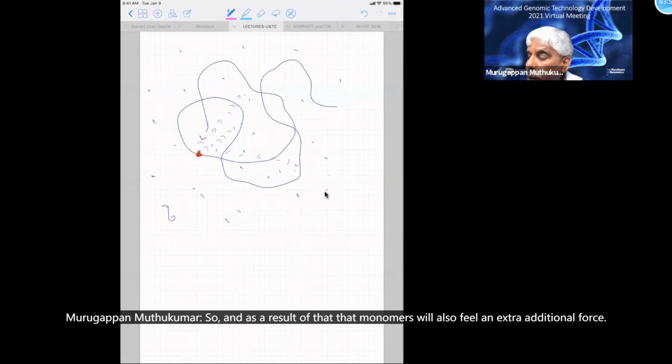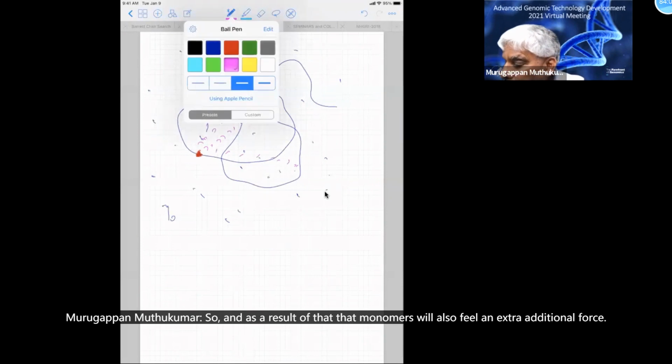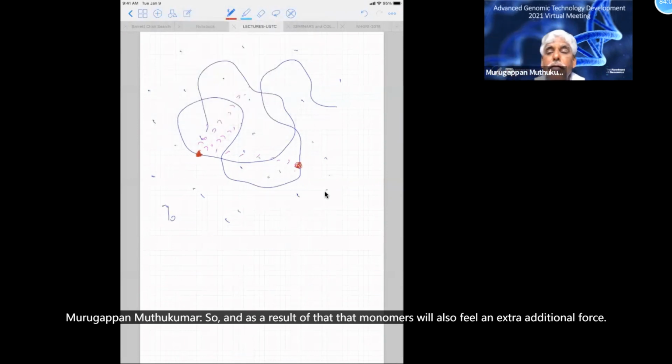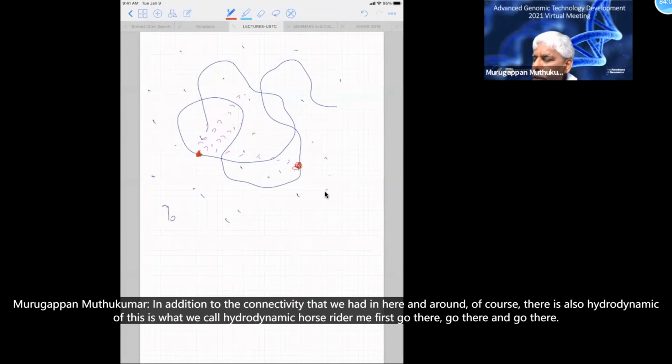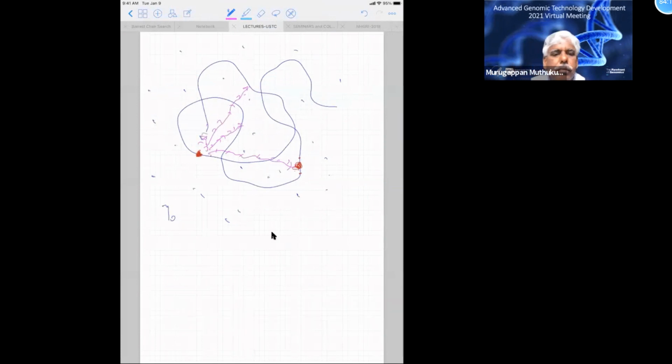As a result, that monomer will also feel an extra additional force, in addition to the connectivity and a random force. This is what we call hydrodynamic force. Hydrodynamic force goes there, and goes there.